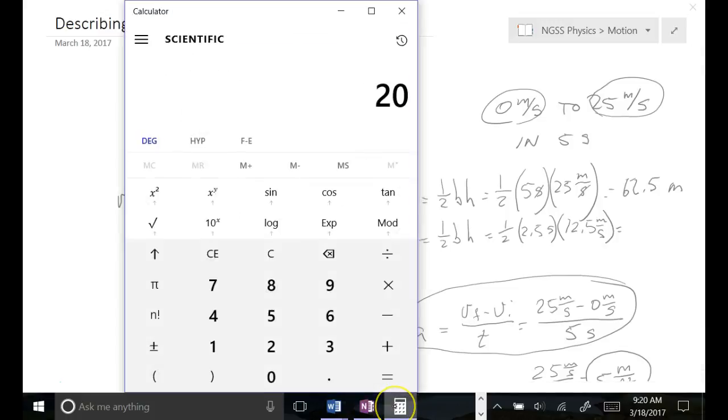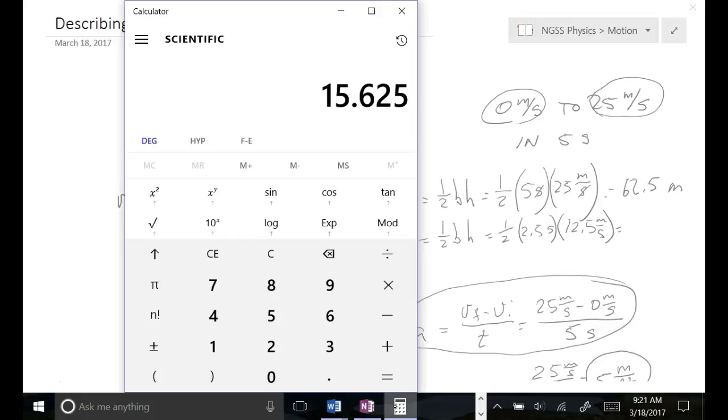Okay, so let's figure out what that is and get rid of my previous calculation here. Okay, so 2.5 times 12.5 is equal to that, and then I'm going to divide that by 2, and I get 15.625, which is 15 5/8 if you know your fractions.